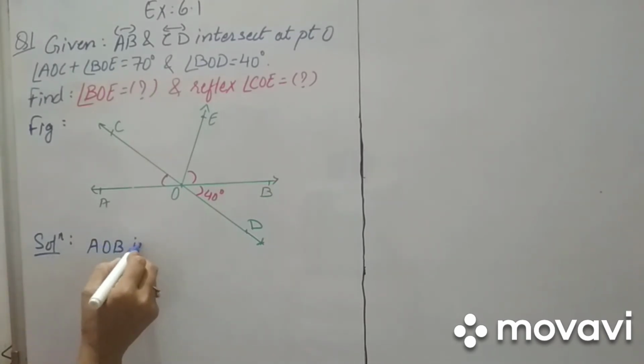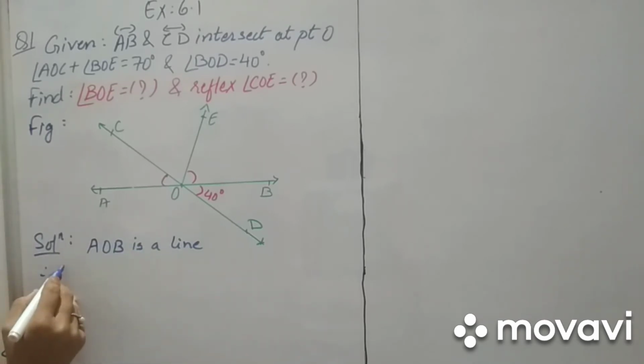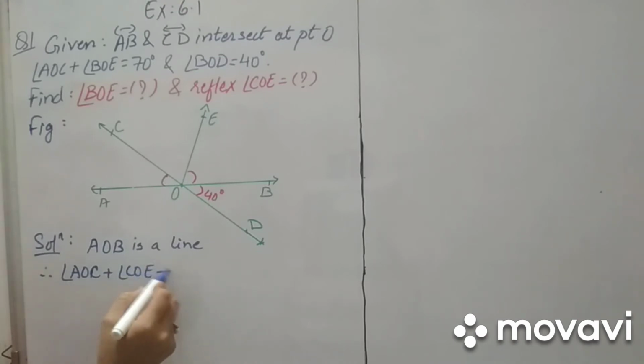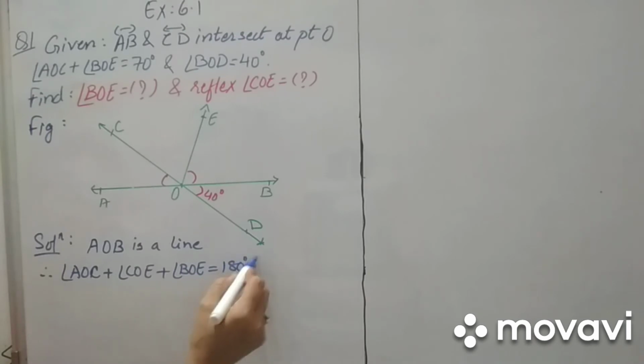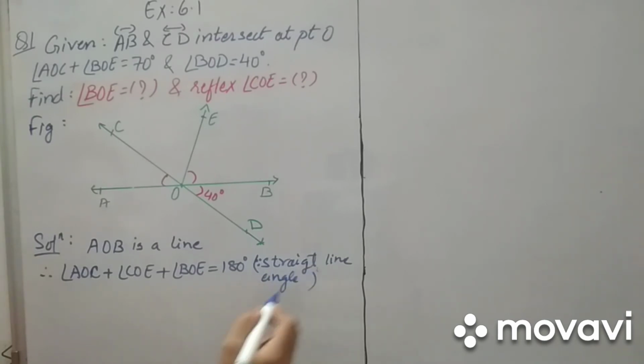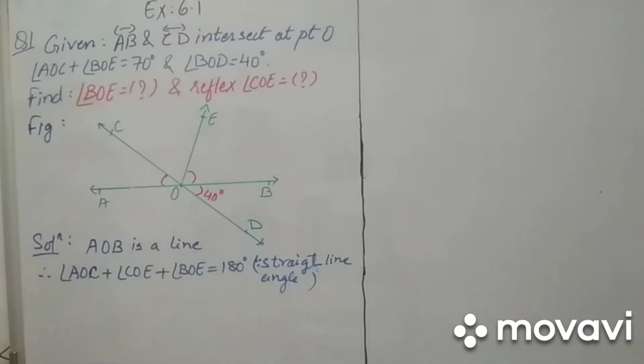So the addition of angle AOC plus COE plus BOE is equal to 180 degrees. AOB is a line. Therefore, angle AOC plus angle COE plus angle BOE is equal to 180 degrees, because of straight line angle. Okay.